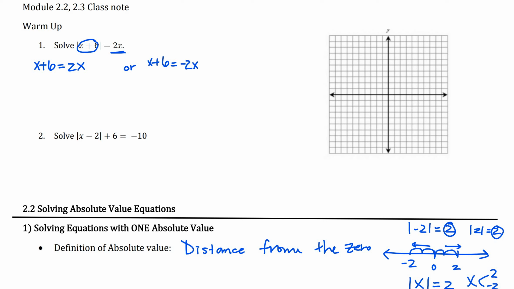So we have 2 choices, and now we can solve this as a linear problem. I am subtracting x. Of course, you can subtract the 6 too, but I do not like to deal with a negative number. So this straight away tells me x equals 6.